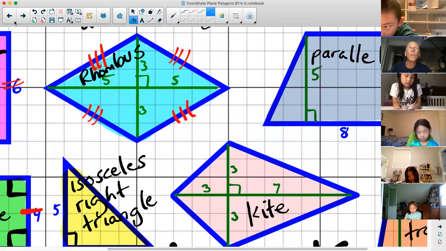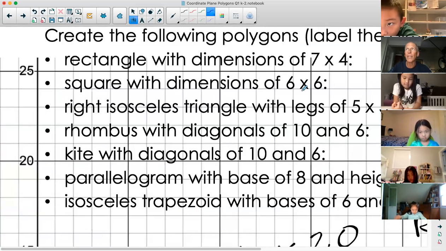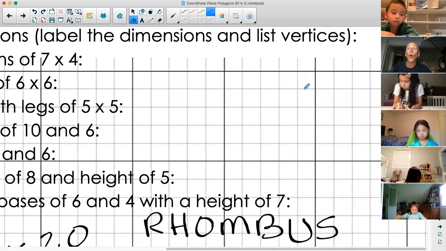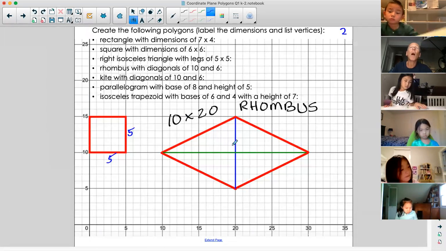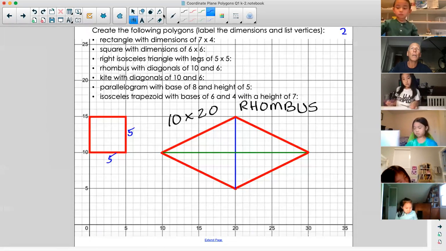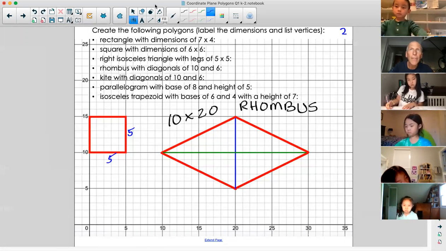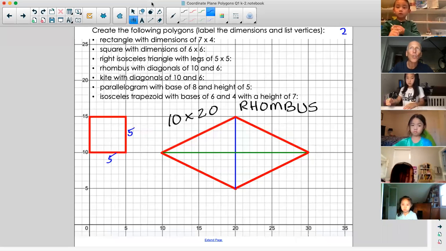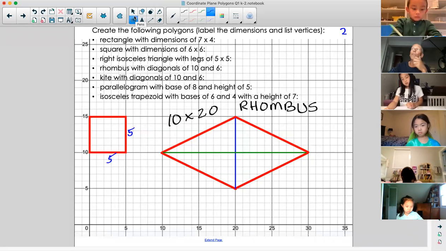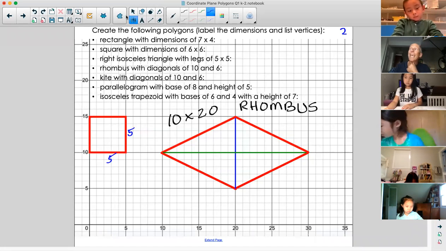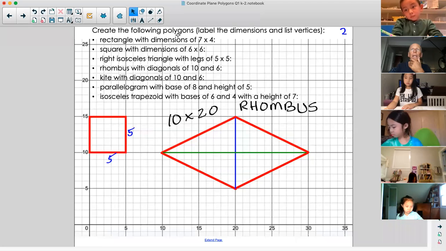Now, I want you guys to go back to page 2 right now. Go to page 2. And what I want you to do on page 2 is draw your favorite shape. You can draw a rhombus, you can draw a square, a parallelogram, an isosceles trapezoid.